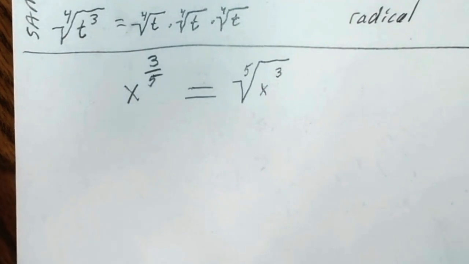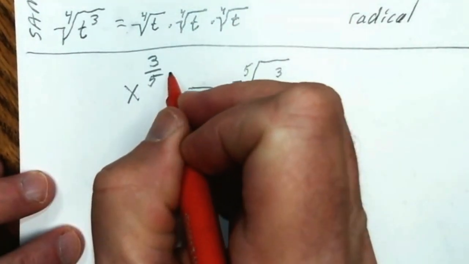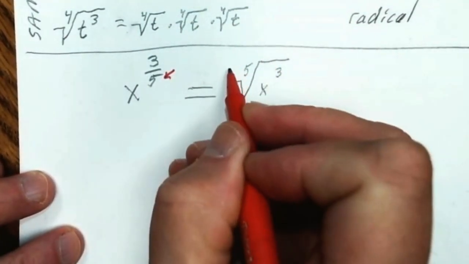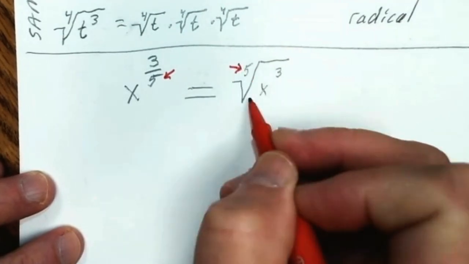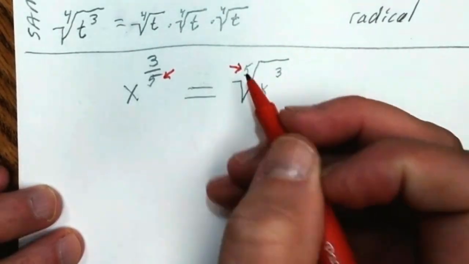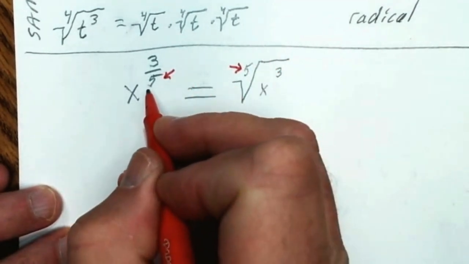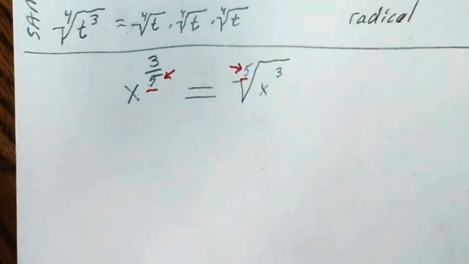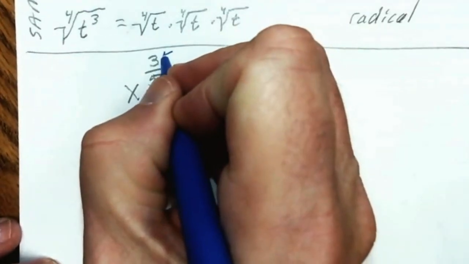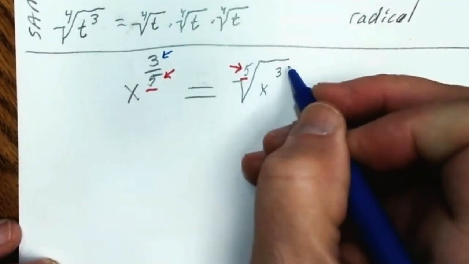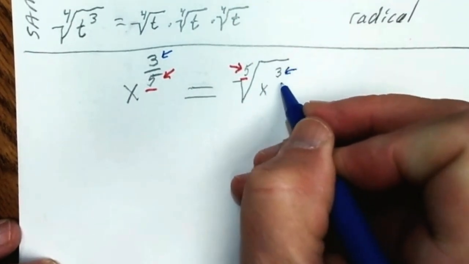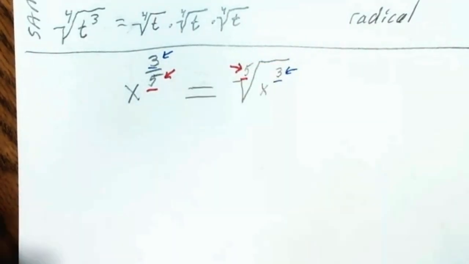So notice what happens. Whatever's on the bottom becomes the outside part of the root. So it's the 5th root. 5 goes right there. Whatever is on top goes underneath with the radicand right there. So the 3 would go right up there.